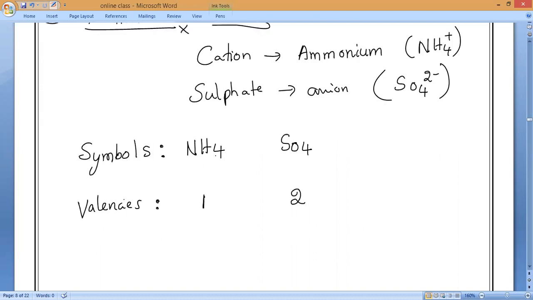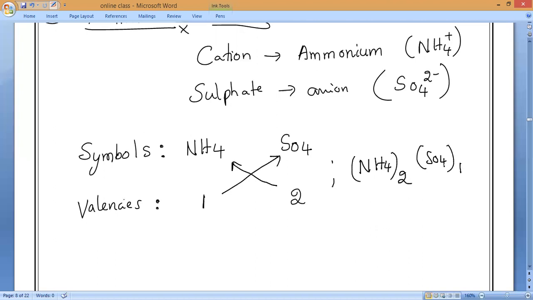So now you can apply the crisscross method. So just apply the cross. So the formula will turn like this. NH4 whole bracket twice because 2 it is. It's not only for this one. Whole it is. Same way here, SO4 1. So this 1 is not necessary to represent. More than 1 we must represent.